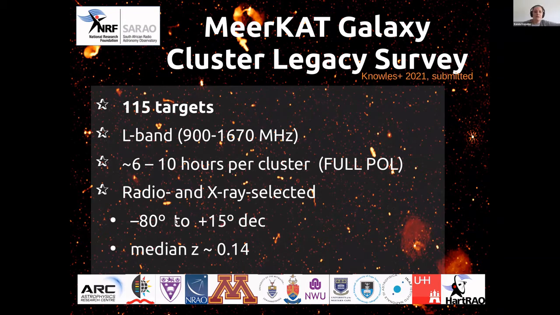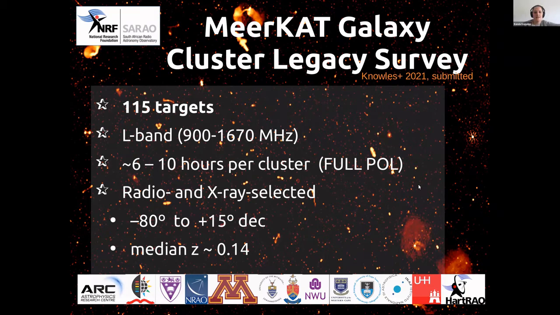So although it's a very powerful sample, and 115 targets is nothing to scoff at, and they're good and sensitive, I do have to make the disclaimer that it's not a homogeneously selected cluster sample. There are subsamples that you can create that are homogeneous, but the full sample of 115, if anyone wanted to do statistical studies on that, it should be carried out with caution.